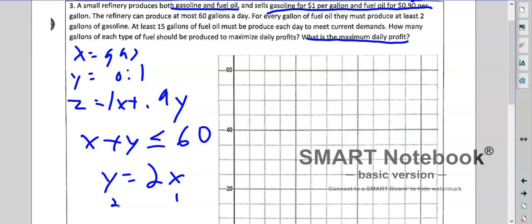But I want 2 gallons of gas for each gallon of fuel oil. So that tells me I did it wrong. But that's an easy way just to check and make sure you did it right. So I want x equals 2y. It may seem backwards to some people, but that's the way it is. Gas is 2 times oil.